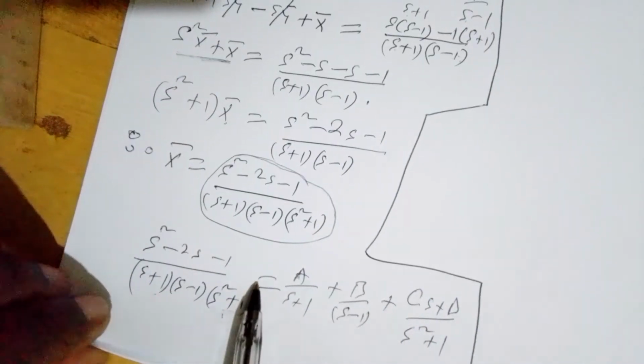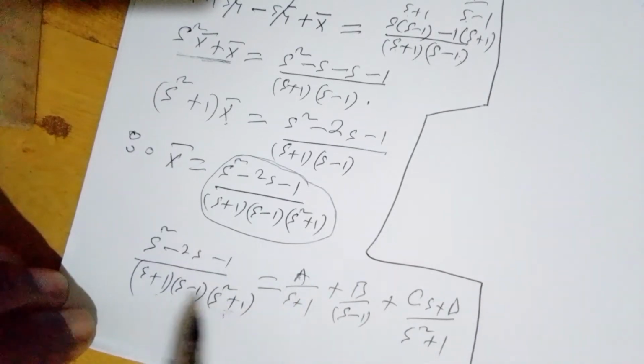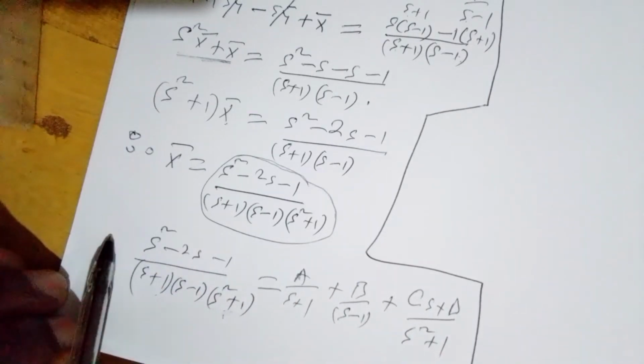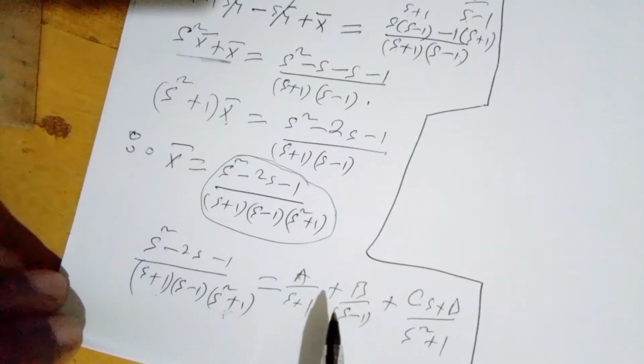Now we shall multiply both sides by the original denominator. We shall take this, multiply on this side, and multiply also on this side.